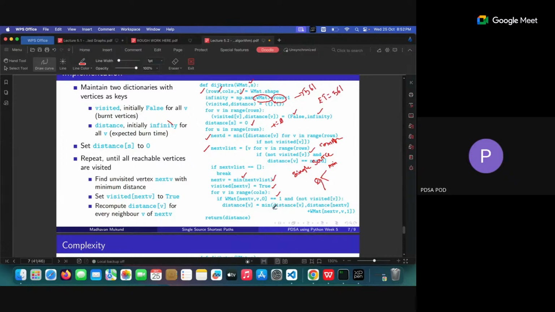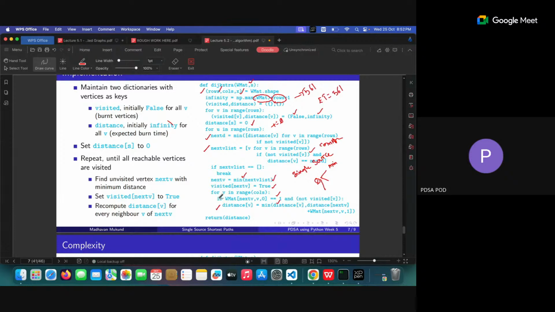Then whichever is the minimum one in the adjacency matrix, that distance is going to be found.